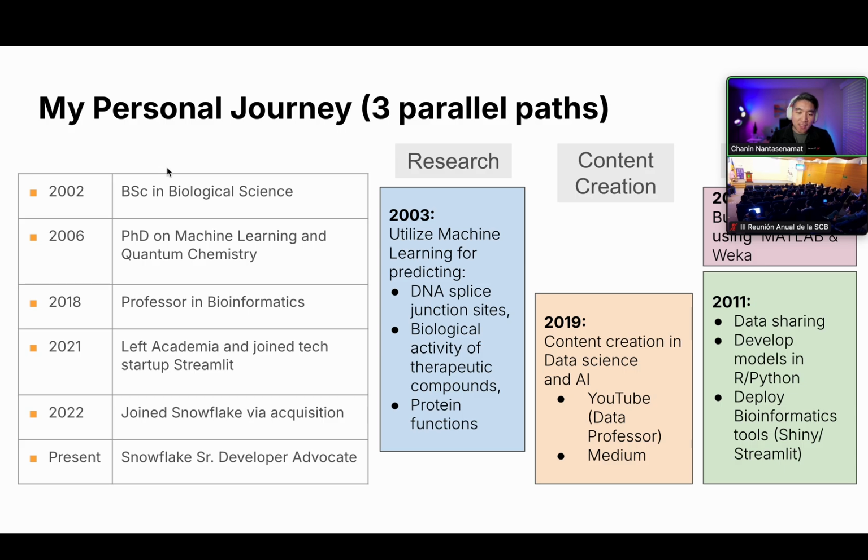So this is my personal journey, which I think might give you some perspective on how I actually got into this area of machine learning, AI, drug discovery, and how I made the unconventional path of going from biology to drug discovery, and then to working in tech. So it's quite unconventional.